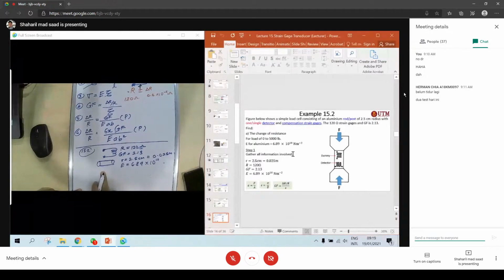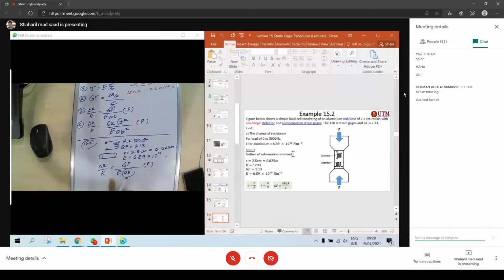Okay, so this one is a load cell. So the formula is delta R over R equal to GF over EAB times P. So AB you need to change. Let's find P first.